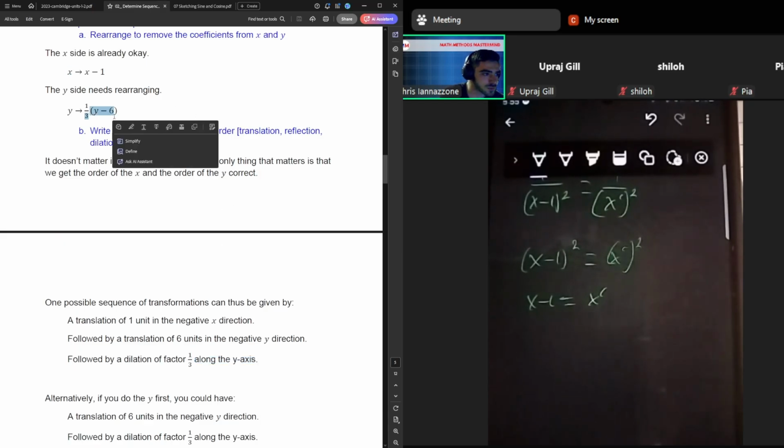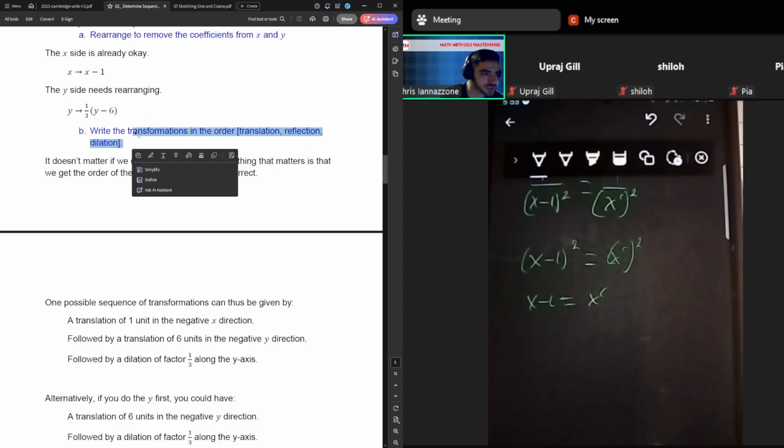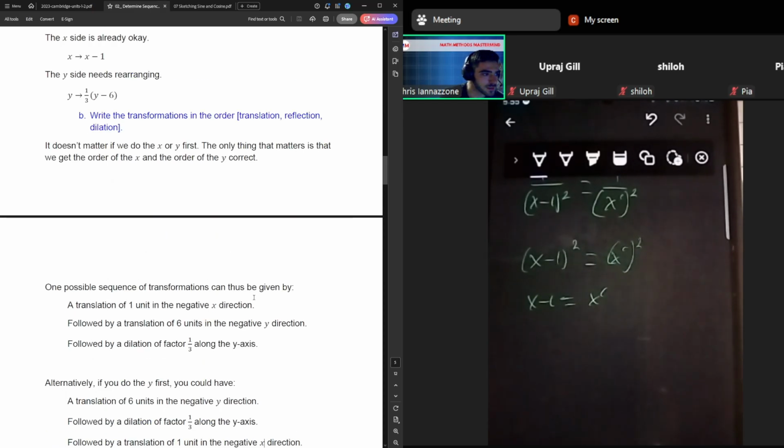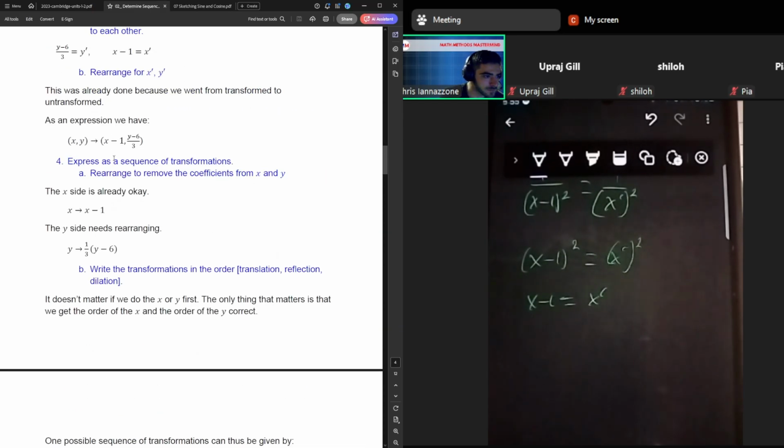So x and y independent, translation, reflection, dilation, in that order. I've also got it down here. You could potentially do the y stuff first, the y translation, then the y dilation, followed by the only x transformation, which is that translation. That's one way of doing it.